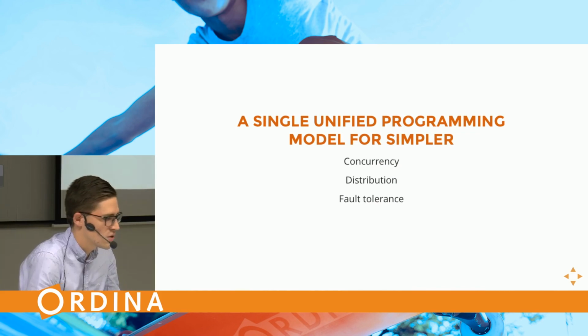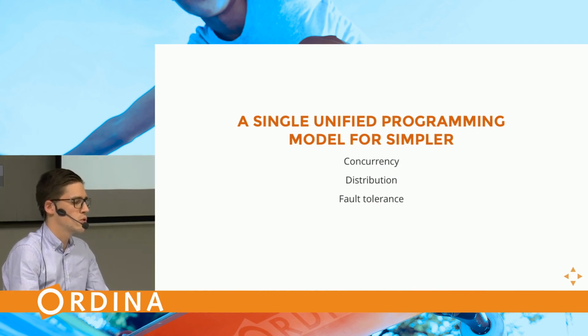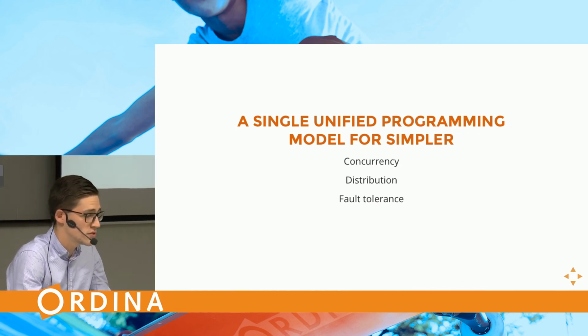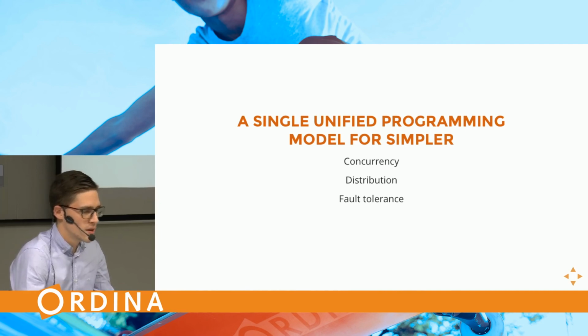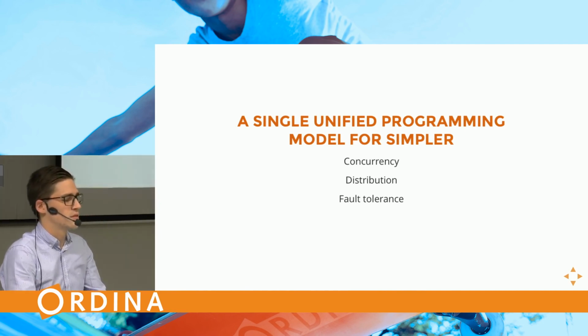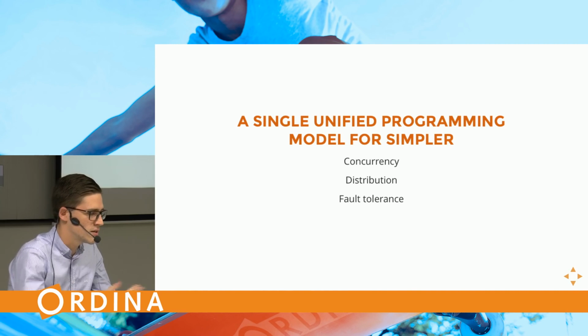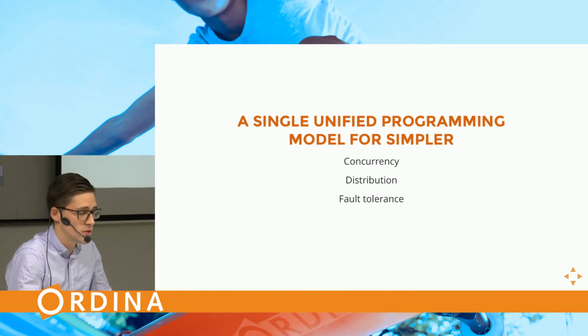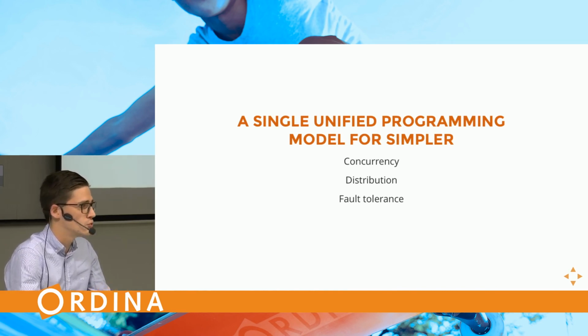Akka offers us a single unified programming model for simpler concurrency, distribution, and fault tolerance. What we mean with this is that Akka gives us all these out of the box. We get concurrency by simply using Akka because we want to utilize multi-core processors as much as possible.